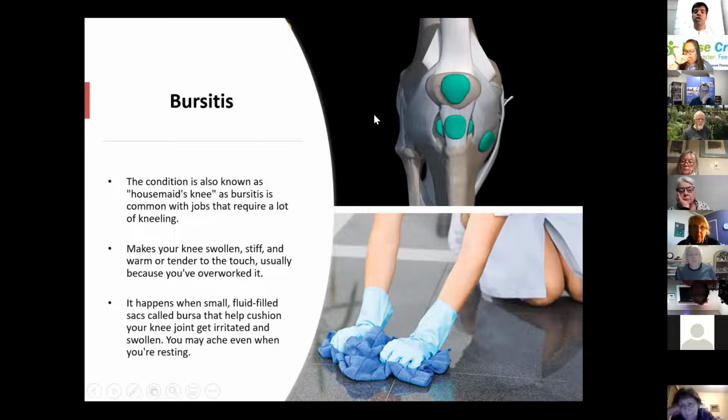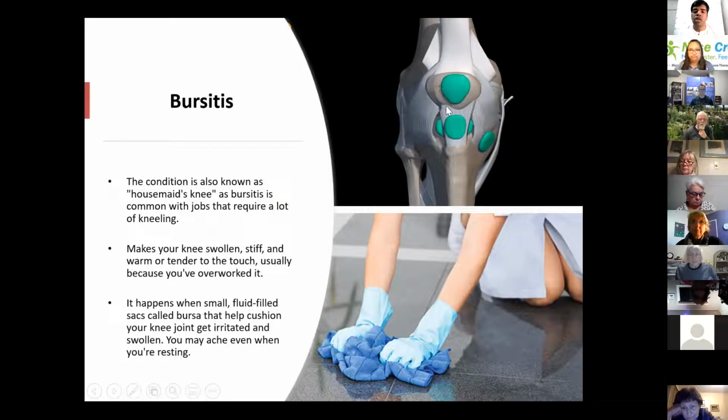But if we overuse the knee like this, cleaning the floor, or in different activities like gardening, doing the carpet or any renovation work, we tend to spend a lot of time on the knees.